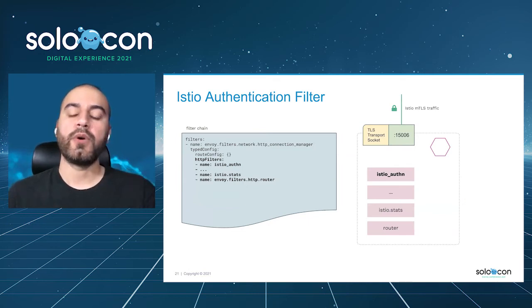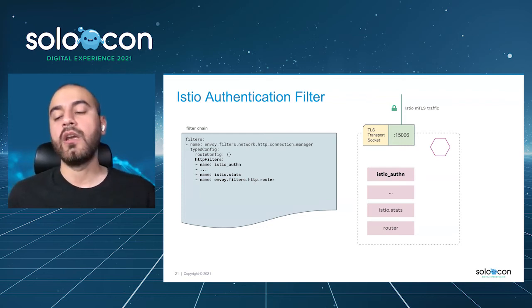So one of the components that is responsible for building up the security features in Istio is the Istio authentication filter. This is an HTTP filter that's automatically added to your filter chain. Remember earlier we were talking about the filter chain match and selecting the appropriate filter chain.